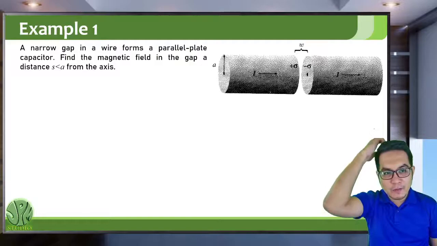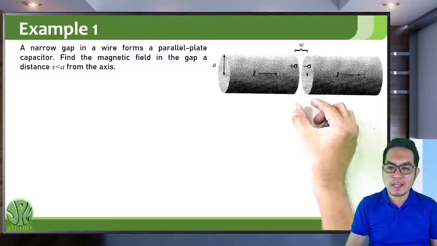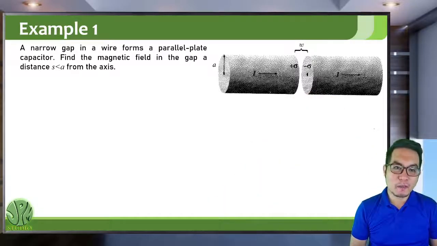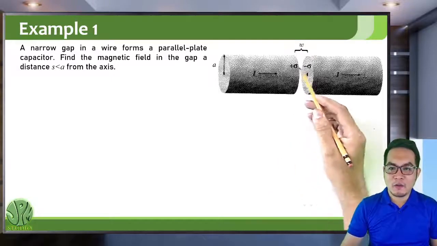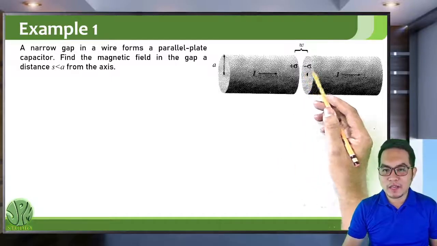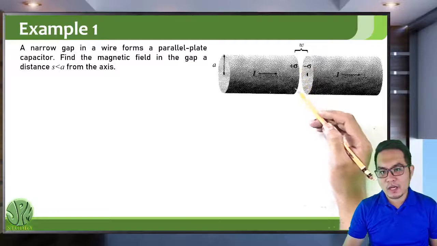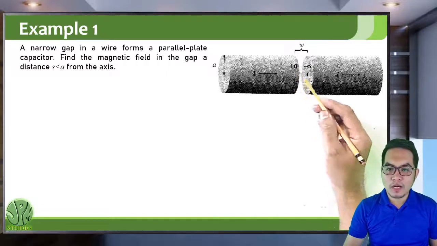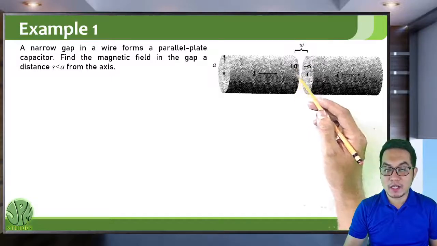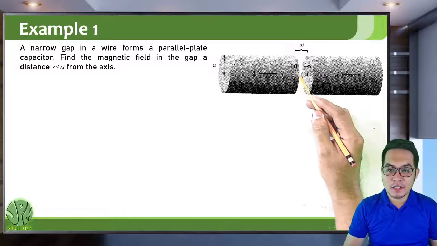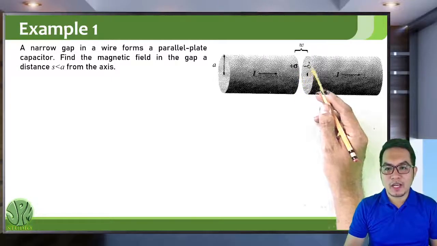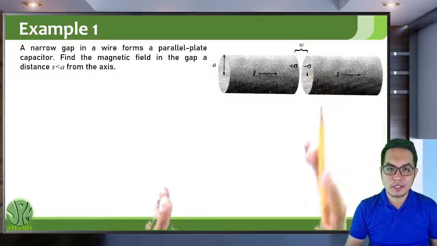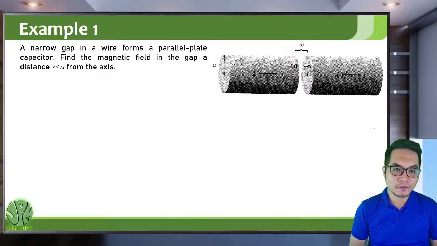Okay, let's have an example on displacement current. There's a very narrow gap in a wire, which forms a parallel plate capacitor. One face of this wire's cross-sectional area has a surface charge density of positive sigma, and the other one is negative sigma, essentially making a parallel plate capacitor.